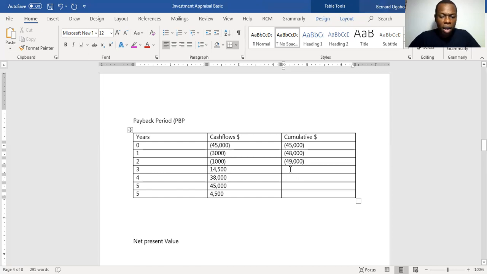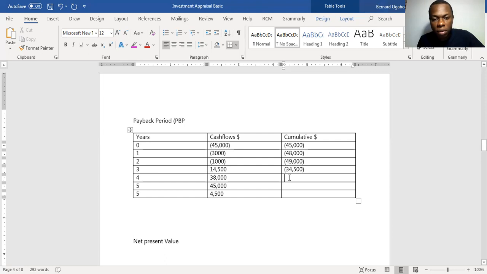At this place, I've started making profit. So if I have minus 49,000 plus 14,500, I have 34,500 negative.